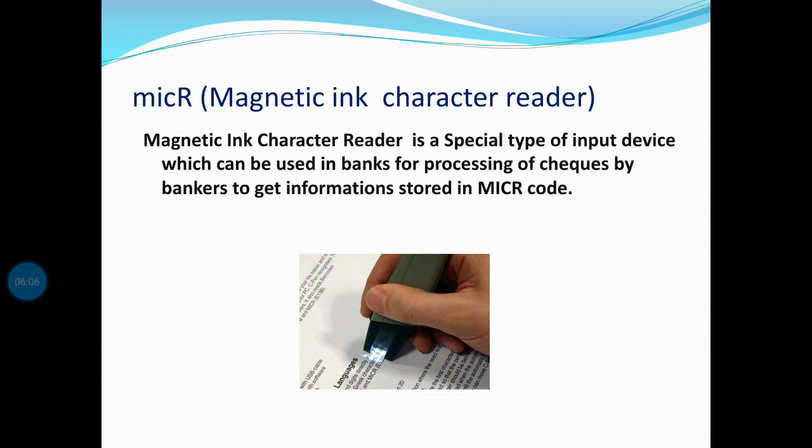Next, magnetic ink character reader is a special type of input device which is used in banks for processing of cheques by the bankers to get information stored in the MICR code. MICR code is a special type of code which contains information about the cheque and which bank it belongs to.